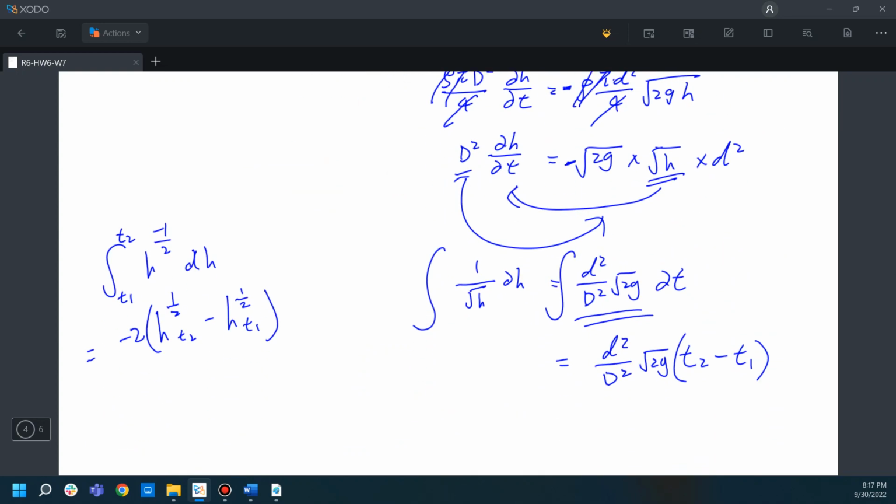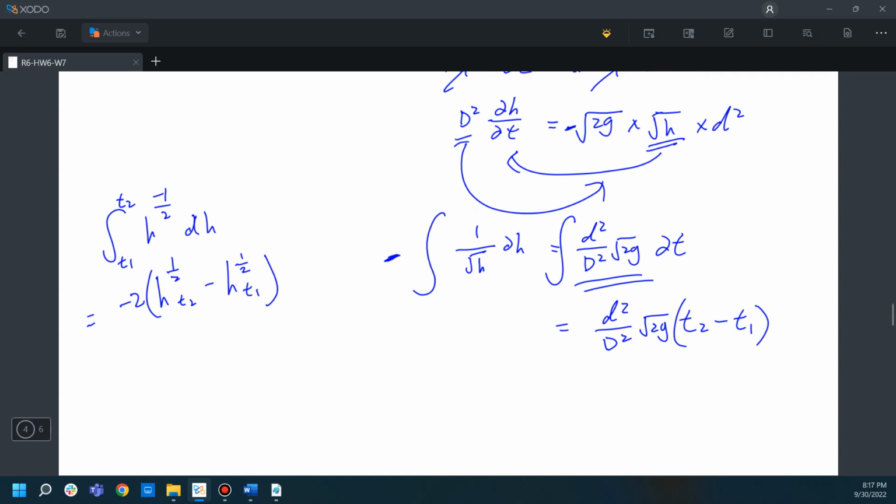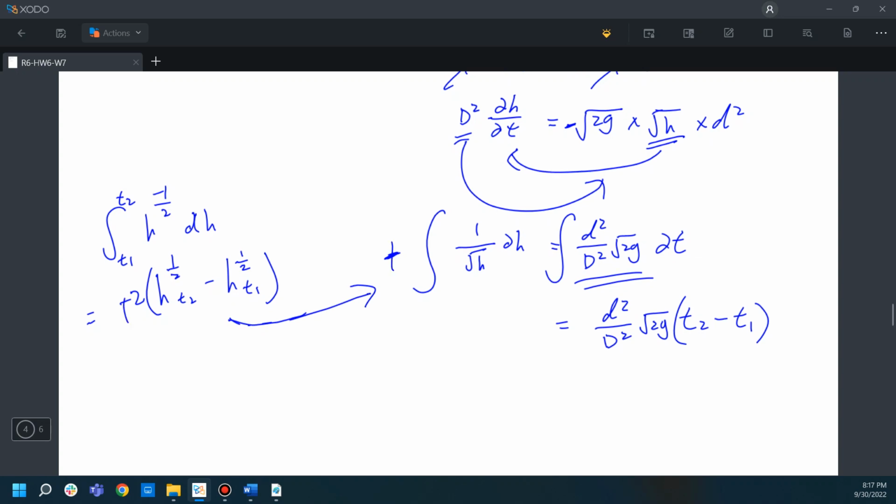Okay, and let me put a minus sign here. Now we plug the integration results into this equation. So we just cancel this minus sign. It becomes 2 times h_t2^(1/2) minus h_t1^(1/2).